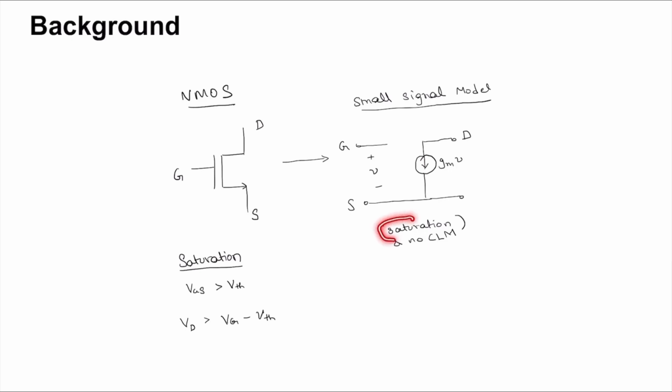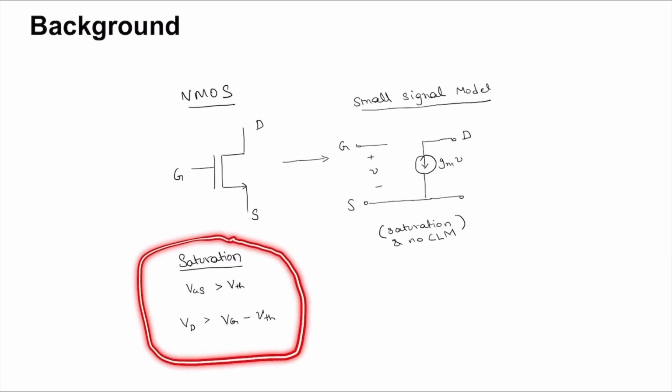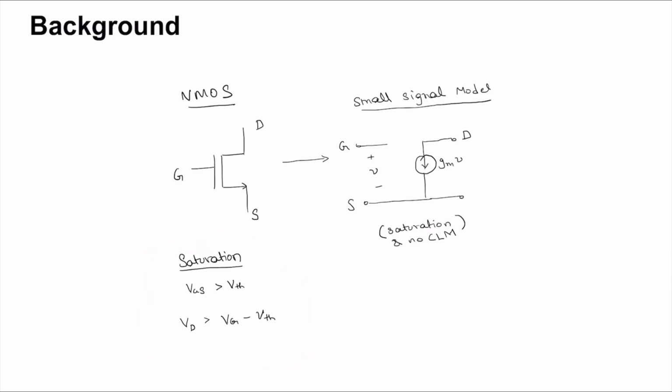And because we are in saturation region, the model has the current into the drain as Gm times V. The saturation region for a MOSFET is given by the condition VGS greater than VTH and VD greater than VG minus VTH.